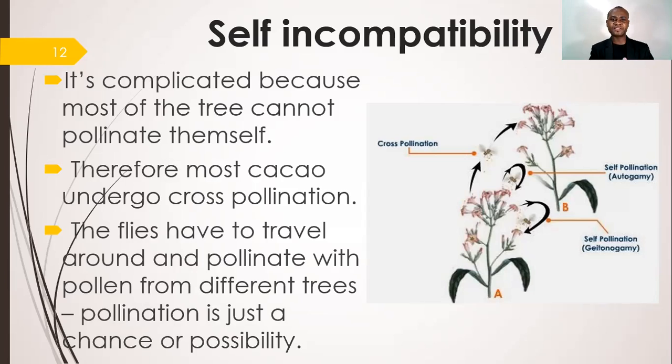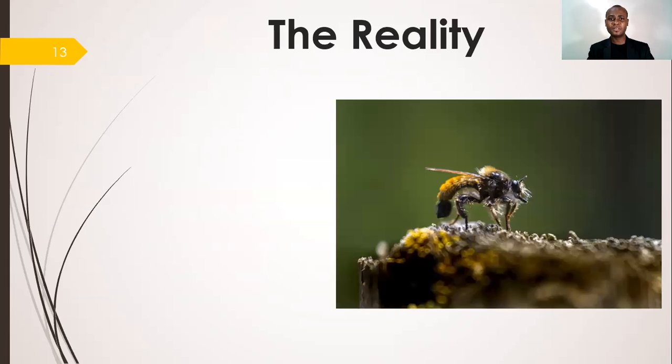So the flies or the pollinators have to travel around and pollinate the different trees, okay? And usually this happens by chance or by possibility. And this is something we really need to understand, okay? Now let's talk about the reality.